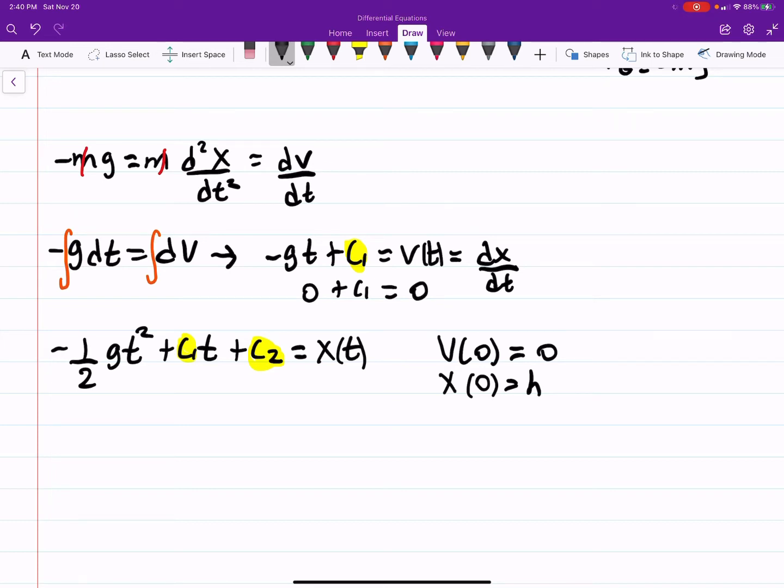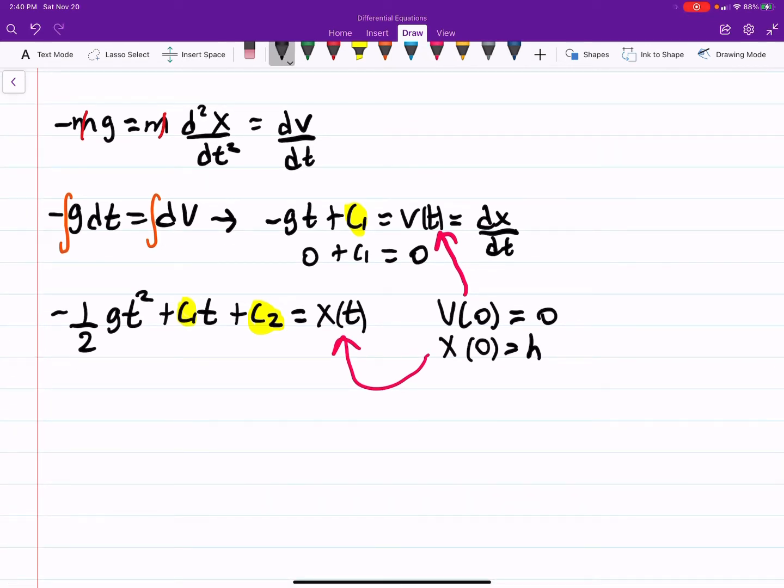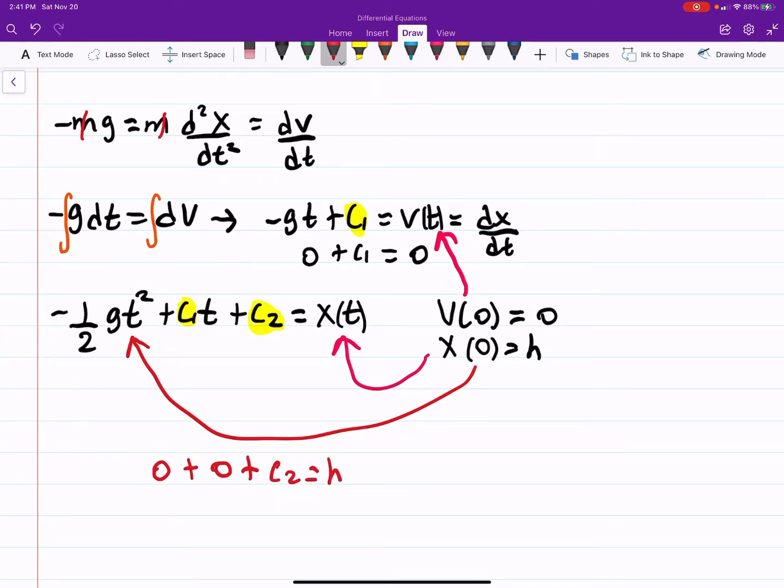And then if we come over here, we can plug this into here. Again, we said c1 is 0, so we know that. If you plug in 0 into r(t), you're obviously going to get 0 plus c2 equals h, and you know what your constant is now. But we're not going to worry about that too much right this second. This is more just to introduce it.